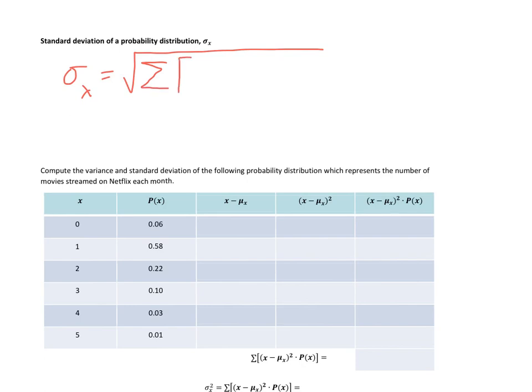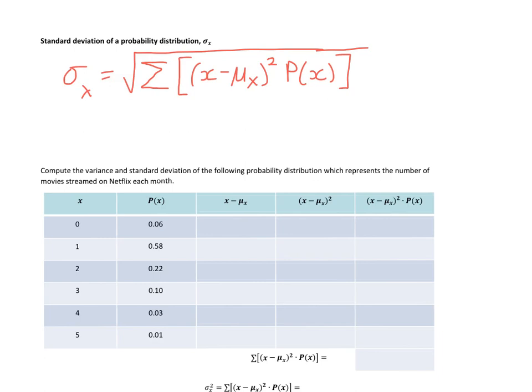So it's a standard deviation, so we'll be taking the square root. It's going to be the deviations from the mean. And we have to square it so it doesn't add up to 0. And then we're going to multiply it by its corresponding probability. It's like our weight. Then we're going to add all those up and take the square root.